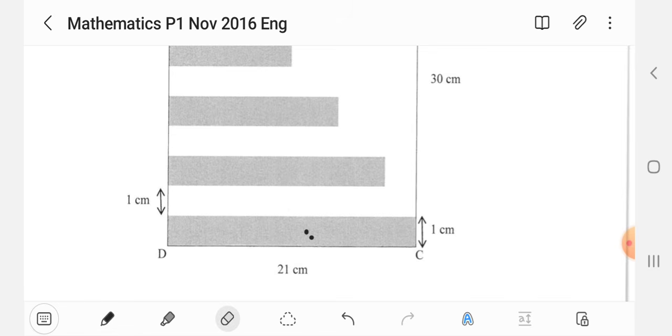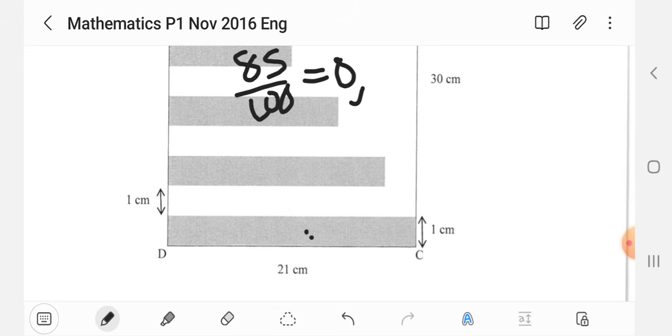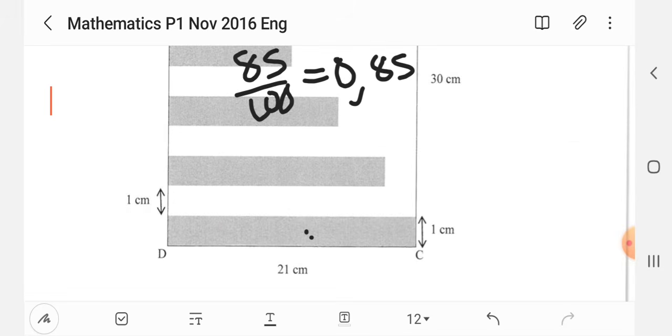When you say 85 divided by 100, that is a percentage, and that gives us 0.85.